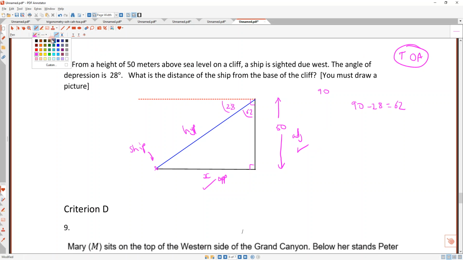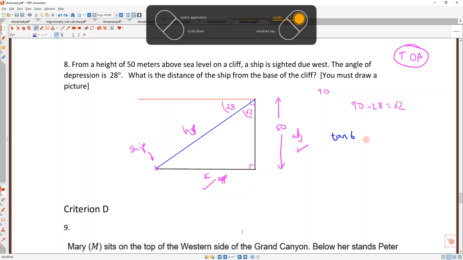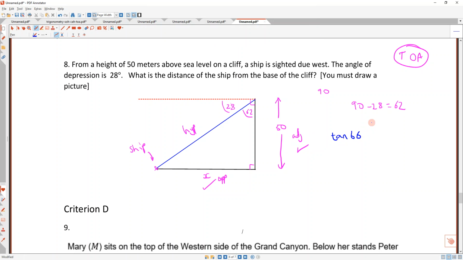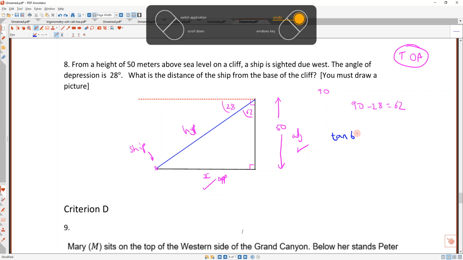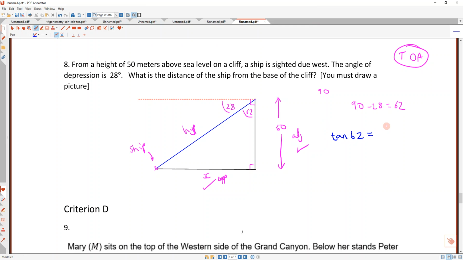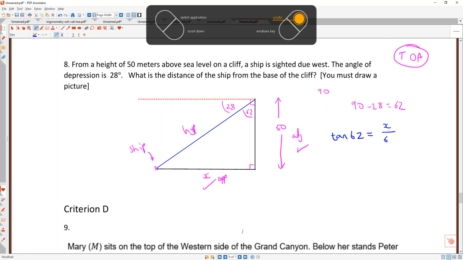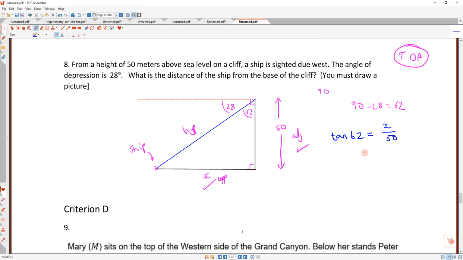So using our formula, tan of the angle, tan of 62, is equal to opposite over adjacent, which is 50. 50 is in the bottom, x is in the top.